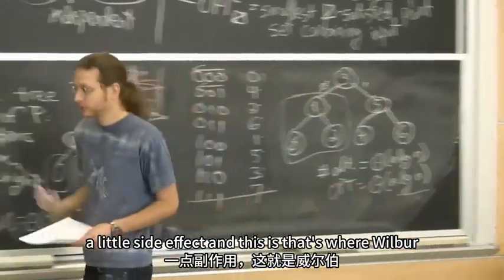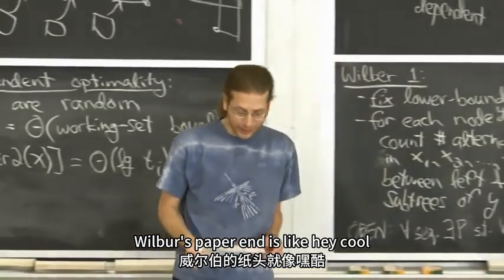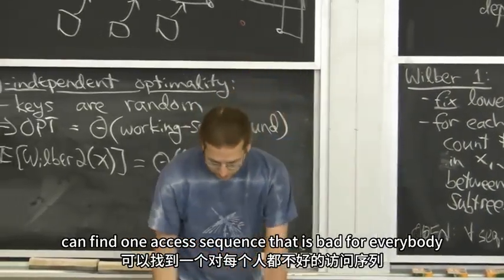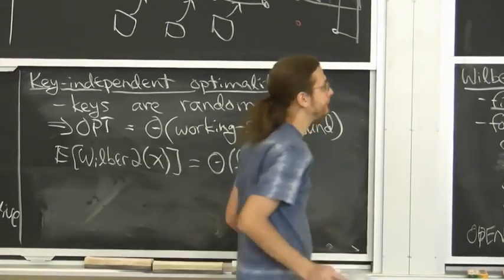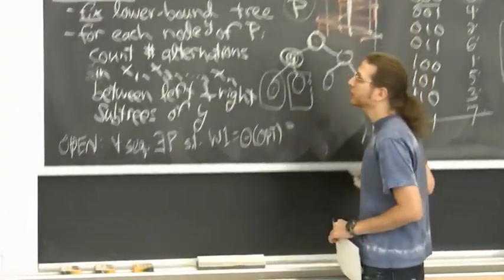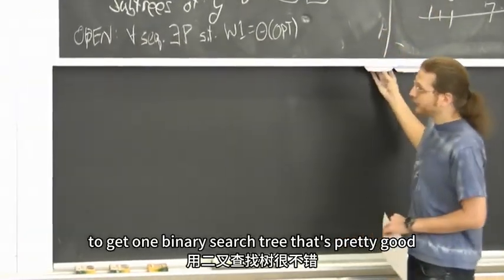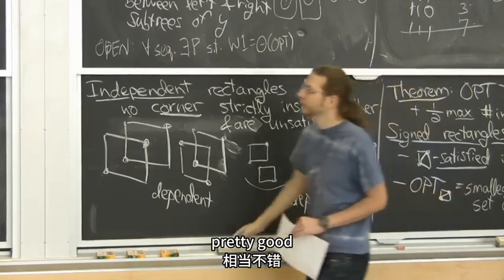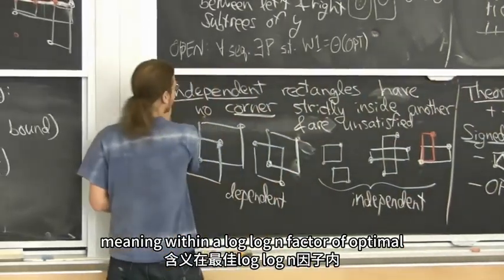A little side effect. And that's where Wilbur's paper ended. Like, hey, cool, you can find one access sequence that is bad for everybody. But now we're going to use Wilbur 1 to get one binary search tree that's pretty good for all access sequences. Pretty good meaning within a log n factor of optimal.